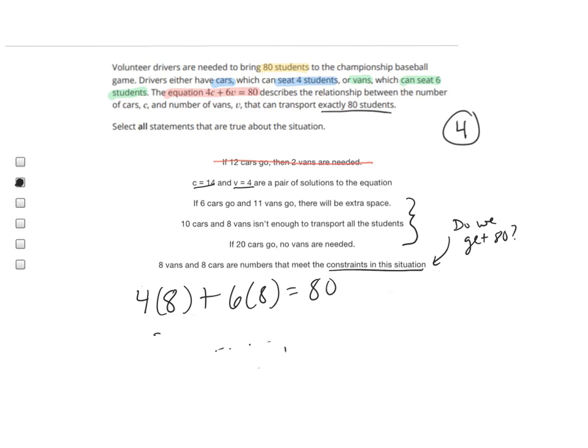So 8 times 4 is 32 plus 48. And yes, in this case we get 80 again, so it does meet the constraint. So this one counts. You've got to choose, there's 2 more that are correct out of these.